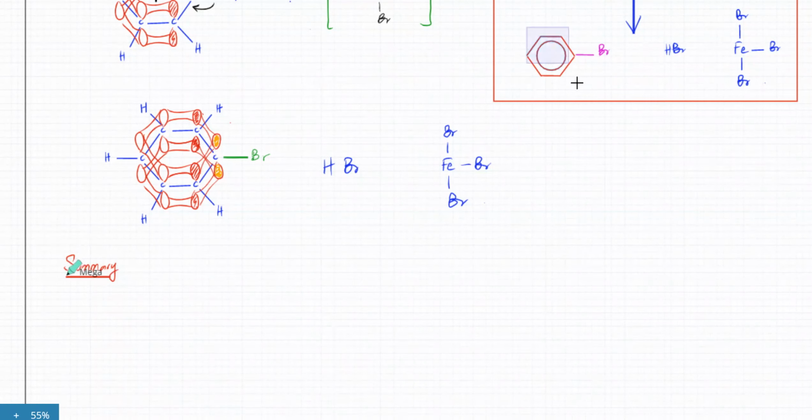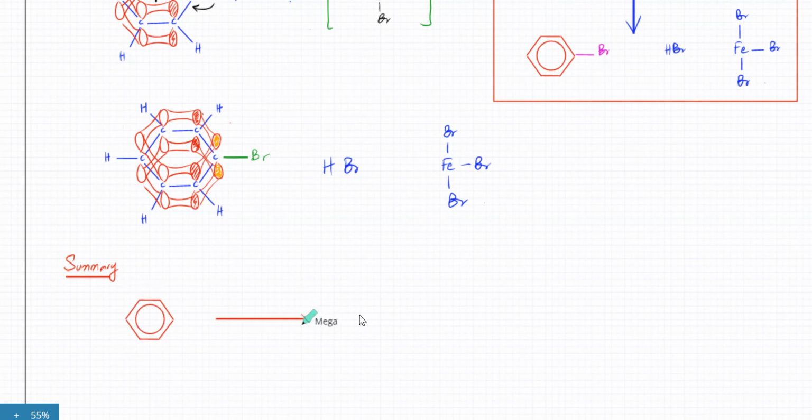Just copy the benzene. You should be very good with drawing benzene, because that is going to be asked over and over again.